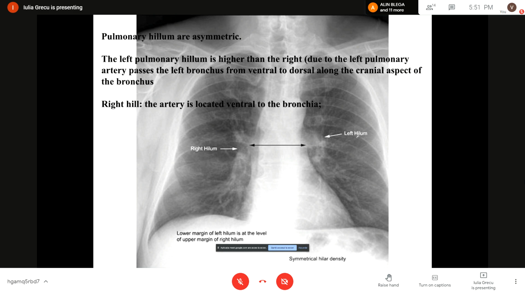The left pulmonary artery does a loop that goes on the superior aspect of the bronchus, and it passes the left main bronchus from the ventral to the dorsal along the cranial aspect. And because of this trajectory of the left pulmonary artery, this is the reason why the left hilum is situated above the right one.